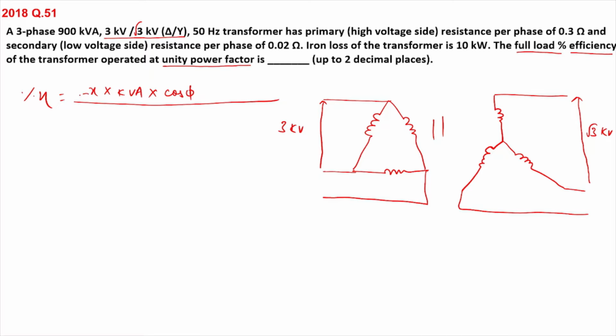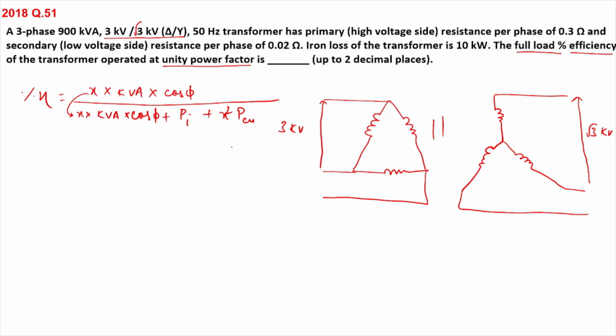The same thing will come to the first term of the denominator, that is X kVA cos phi plus iron loss plus X square copper loss. If you can recall this formula, then it is very good. Otherwise, you should go back and revise this.